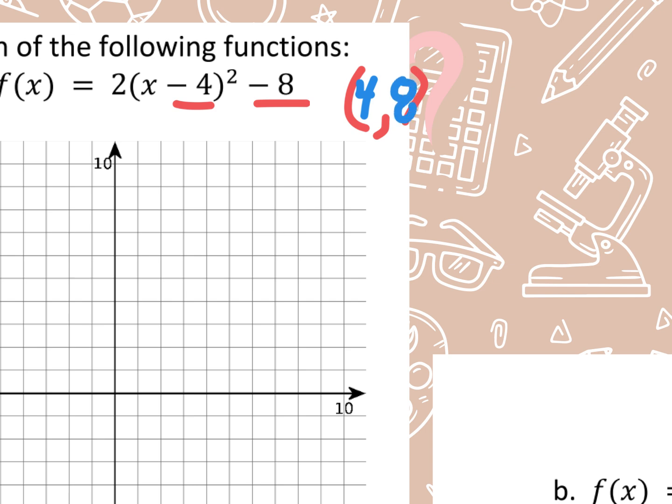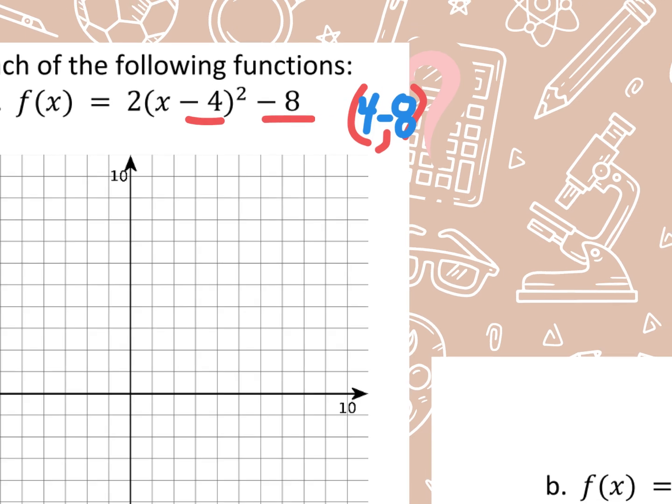Did you say 4 and 8? You were close. 4, negative 8. There we go. Is that what you said in the first place? Awesome. I just didn't hear you, so I just asked questions, and you switched answers a lot because you thought it was wrong. I know. All right, good. I'm glad you got it right. So 4, negative 8 is a great place to start.